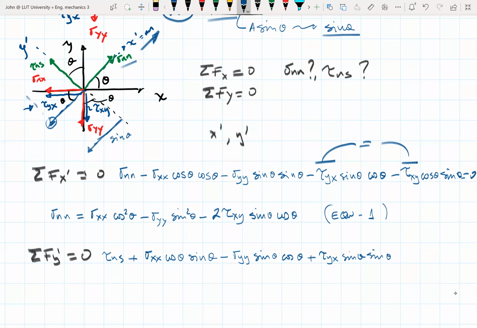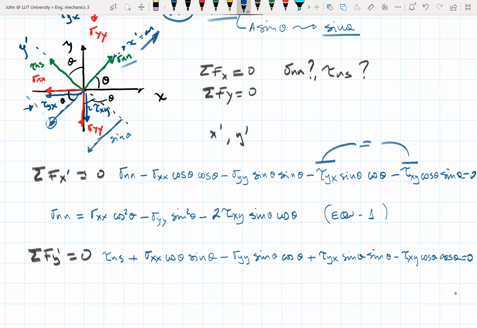The same in the other case, I need to subtract this tau xy, which is applied on that face with area cosine of theta, and to rotate it to the y prime axis, I need to multiply that times cosine of theta, and this is equal to 0.